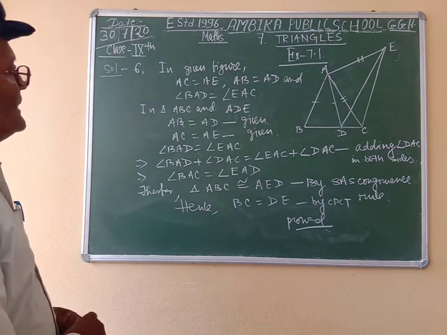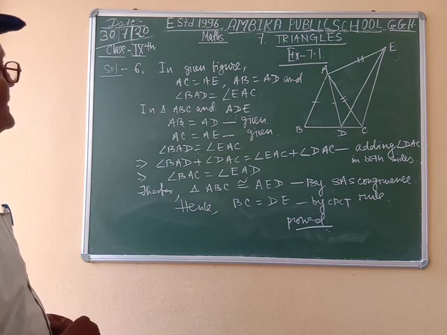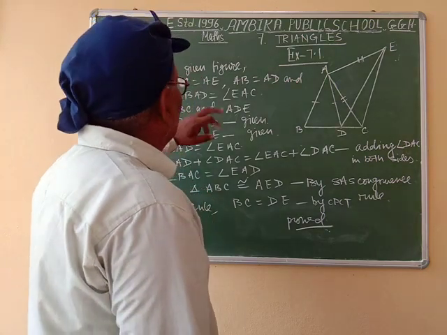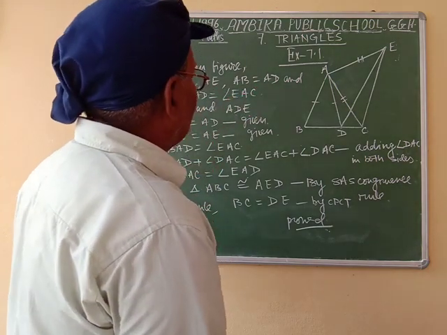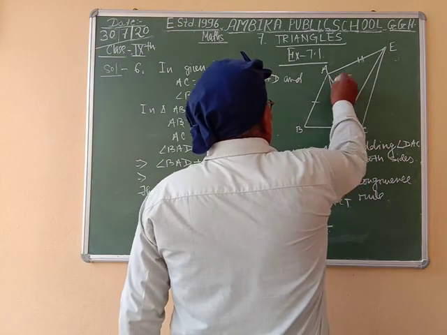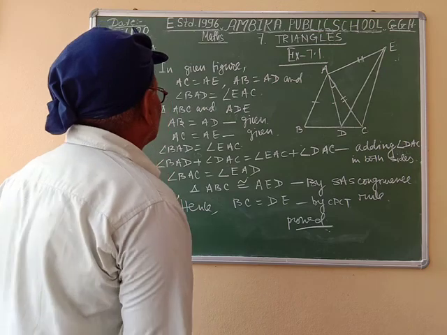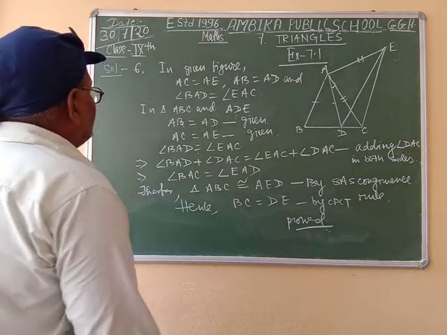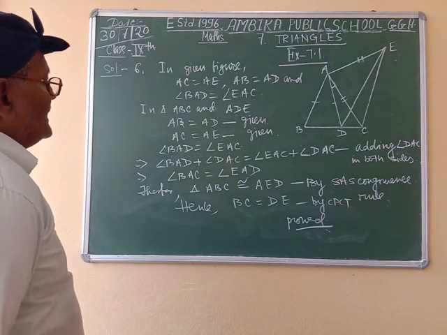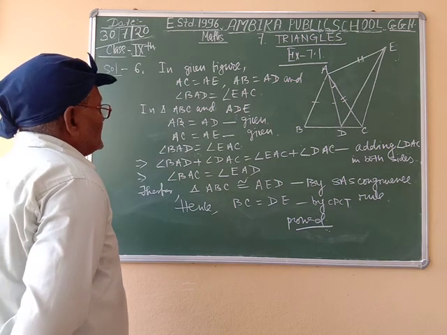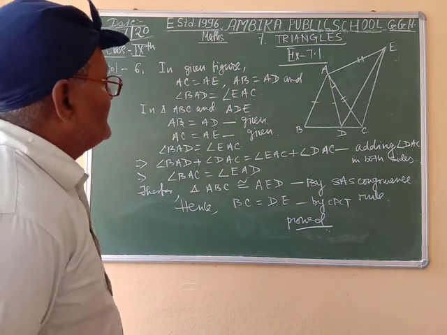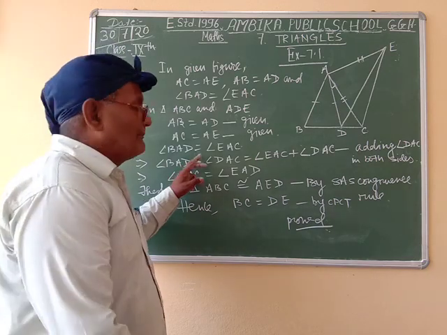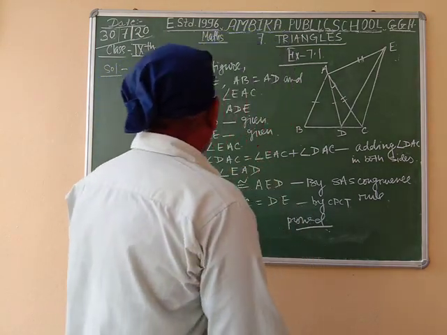Again, in the given figure, we have AC equal to AE, AB equal to AD, and angle BAD equal to angle EAC. We have to show that BC is equal to DE. In triangles ABC and ADE, AB is equal to AD, AC is equal to AE, given, and angle BAD is equal to angle EAC.